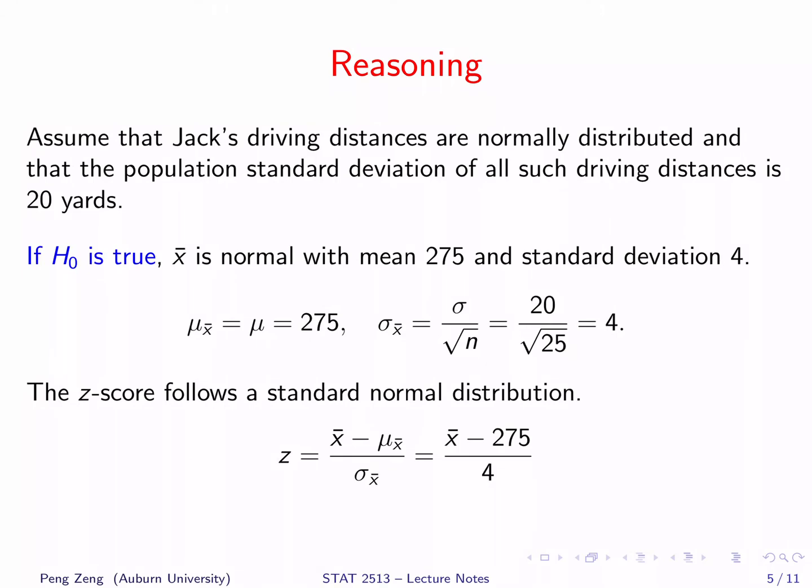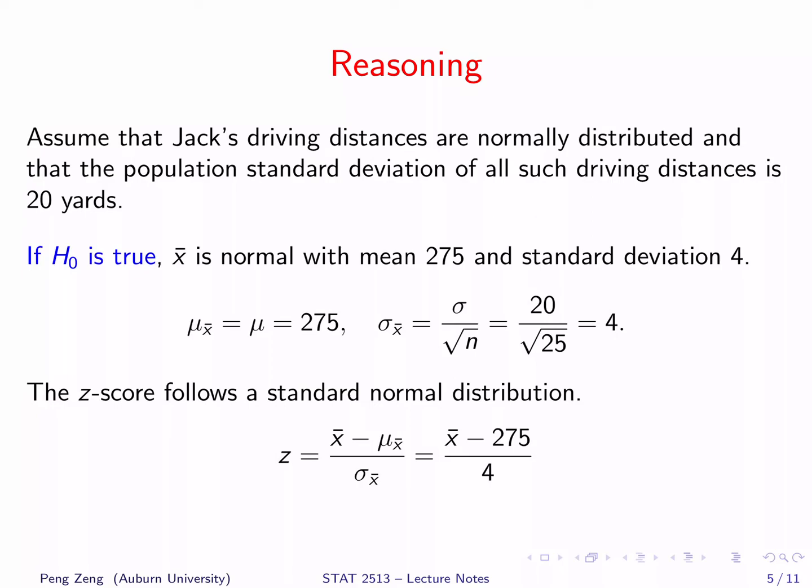Assume that Jack's driving distances are normally distributed and that the population standard deviation of all such driving distances is 20 yards. If H0 is true, x bar is normal with mean 275 and standard deviation 4. This claim follows from the property of the sampling distribution of sample means.